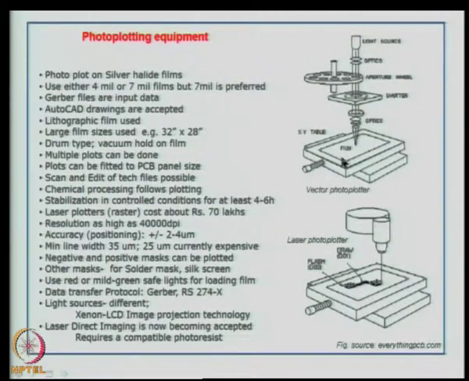A film will be placed here on the XY table, and the equipment will have all the optics, because there is a light source, and the optics has to collimate this light with a particular intensity and wavelength onto the film. Okay. That is very important. So, the distance between the XY table and the light source or the lens is very important.